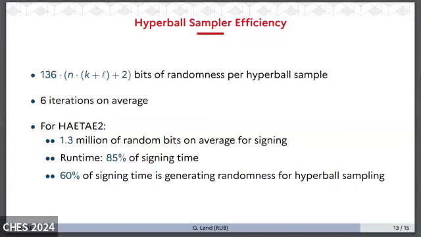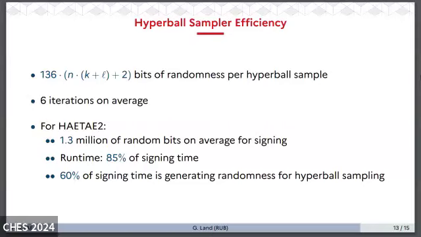As you've guessed correctly, this also has a high performance impact because, as you already heard, 72 random bits are added. So overall we need 136 random bits per Gaussian sample candidate, and that results in a high randomness demand. So let's say on average we need 1.3 million random bits for a HT2 signing. And that's where we come back to the 85% of signing time.